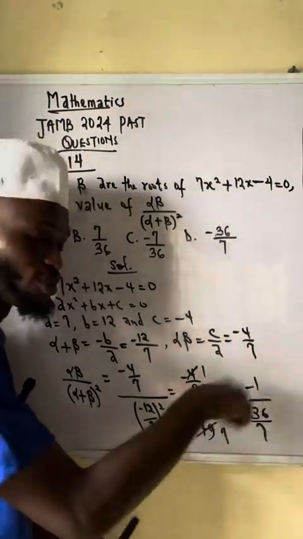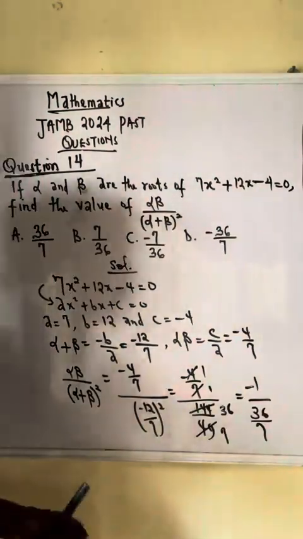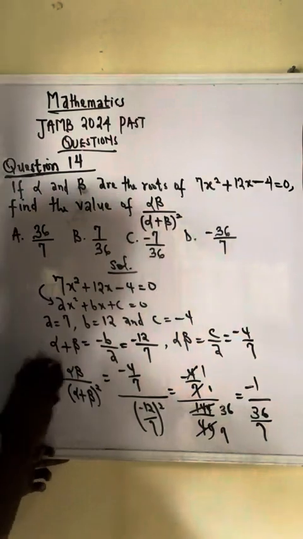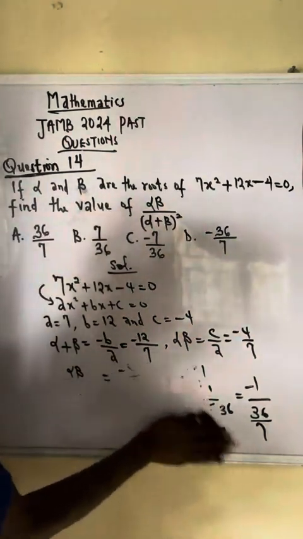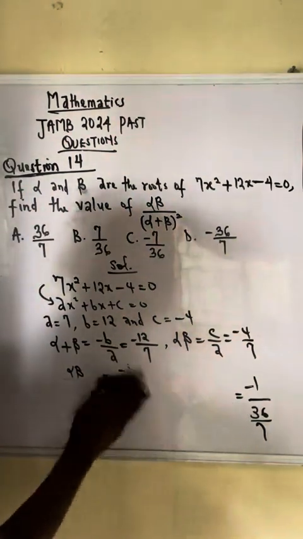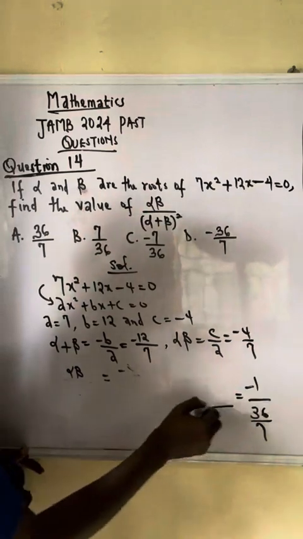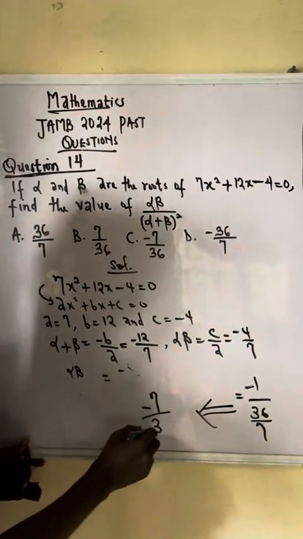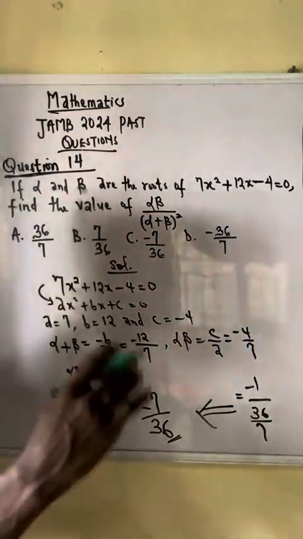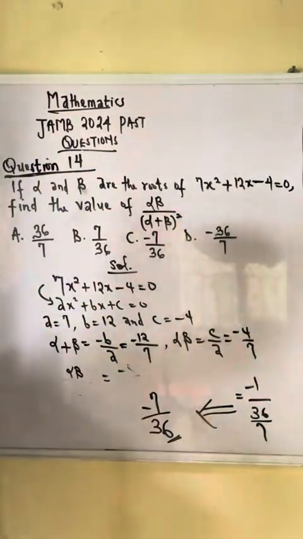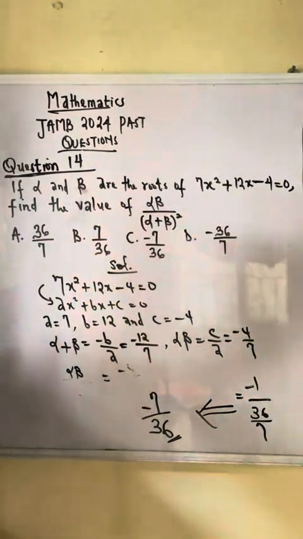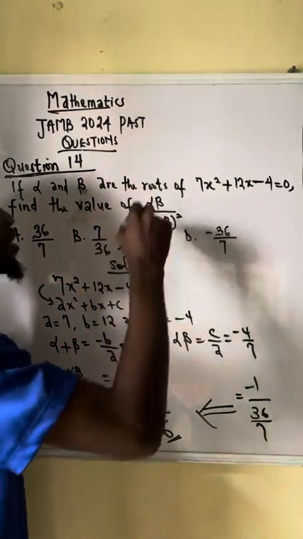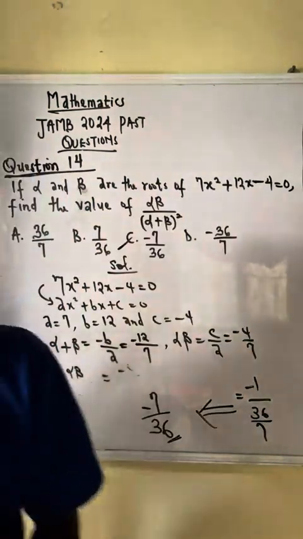Let the denominator become the numerator, and let the numerator become the denominator. So I can clear this part away. That means my final answer for this particular part will be -7 all over 36. If I swap between the numerator and the denominator, I have -7 over 36. So the option that best describes the answer is option C. Thank you.